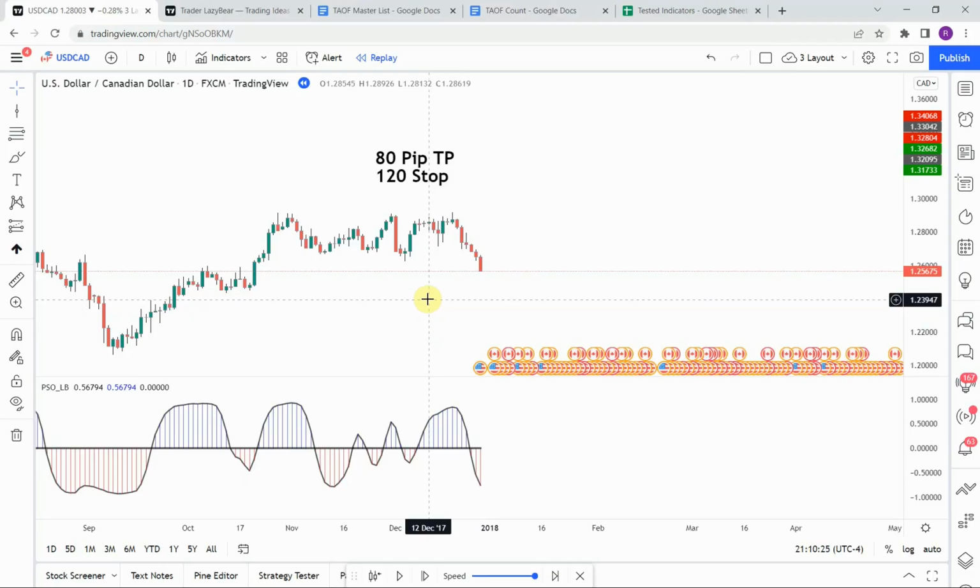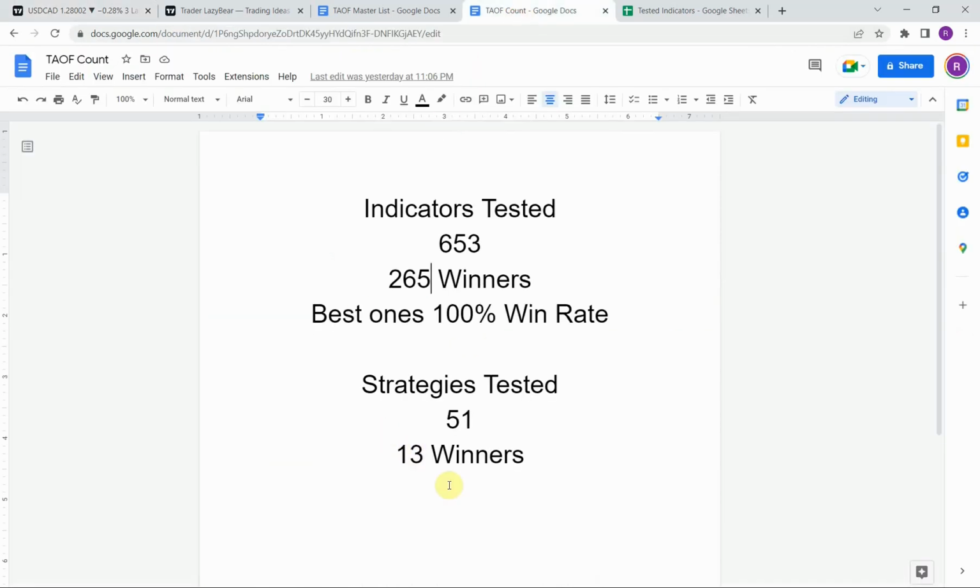Alright, as I said, today we will be testing the premium stochastic oscillator. Before we do though, I wanted to put the testing scoreboard up for everyone to see. So to date, we have tested a total of 51 different strategies, with 13 of them being profitable. We have also tested a total of 653 indicators, with 265 of them being winners.